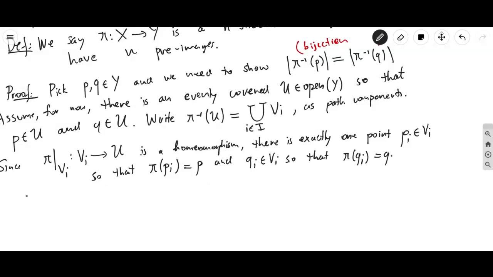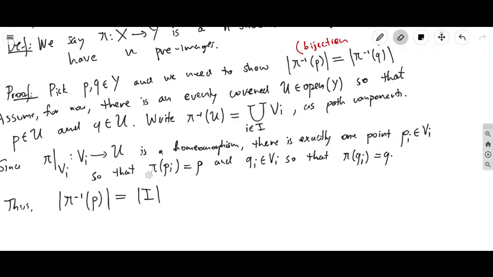Well, okay, maybe I should just complete the proof by saying, so thus the cardinality of this set is the same thing as the cardinality of the indexing set. Because when you pull back P, these are exactly all of the ones you get, the p_i's.